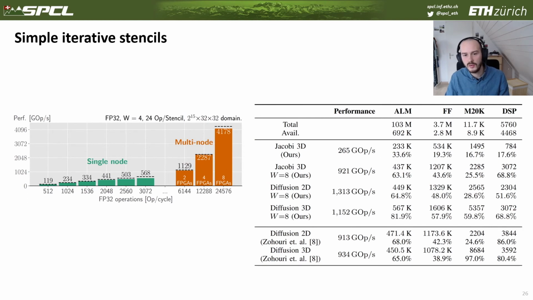Then we also pushed the performance of the individual iterative stencils on a single device to see how high we could get. Here we compared to the state-of-the-art performance of a hand-tuned implementation, which is on the order of 900 gigaflops per second.